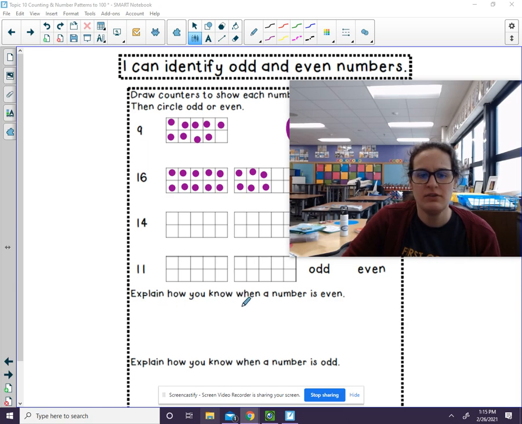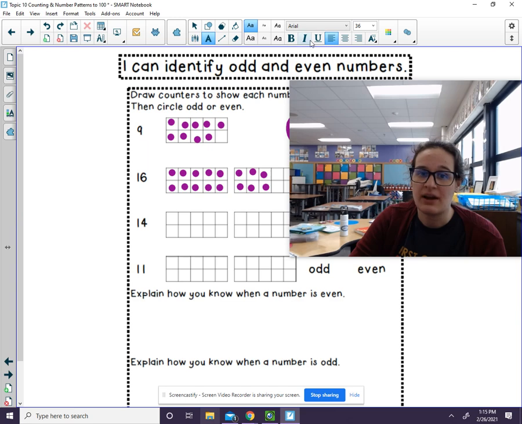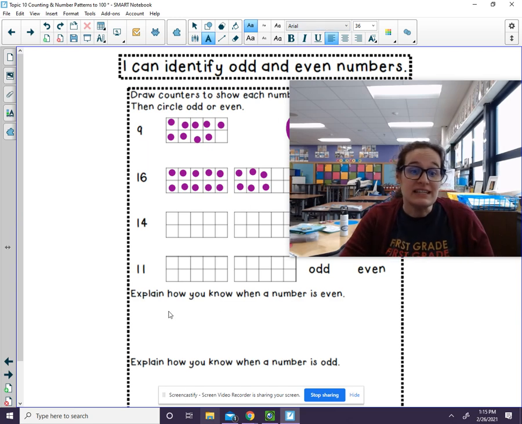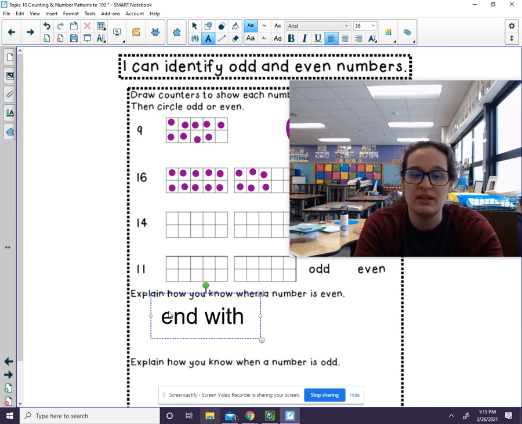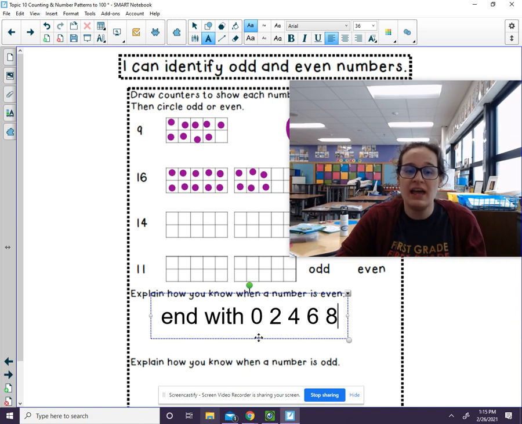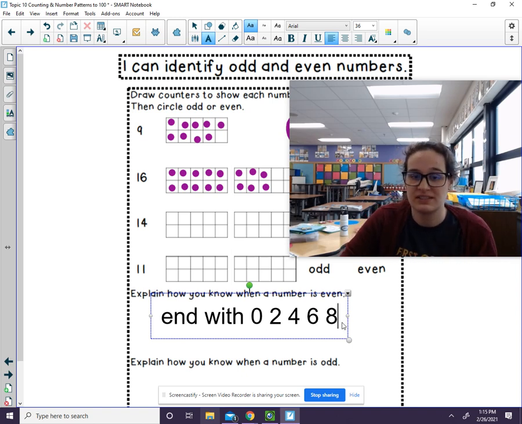And then it says, explain how you know when a number is even. Explain how you know when a number is odd. For this, we just need to write down the numbers that are always even here. So numbers that are always even are ones that end with 0, 2, 4, 6, and 8.